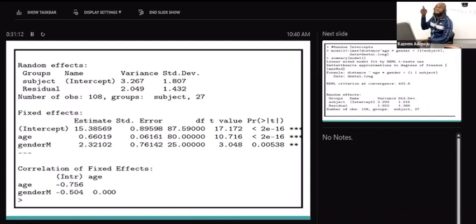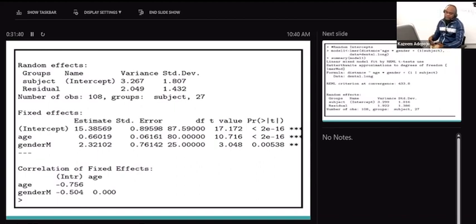But in the fixed effect side, don't forget, there are 2 explanatory variables that are fixed, right? Age and gender. Now, why is R reporting gender M? Because R has automatically coded male as 1 and coded female as 0. But let me tell you this.